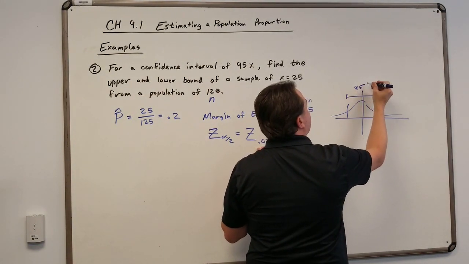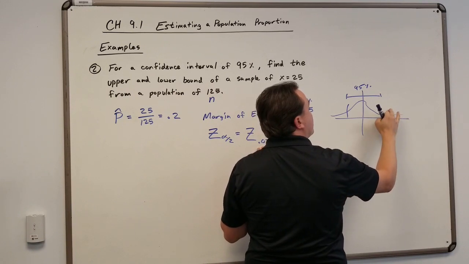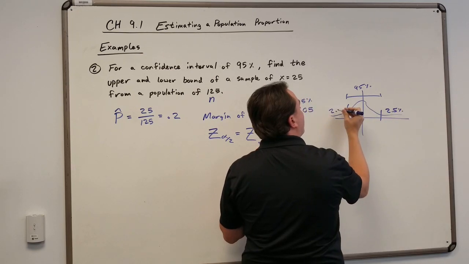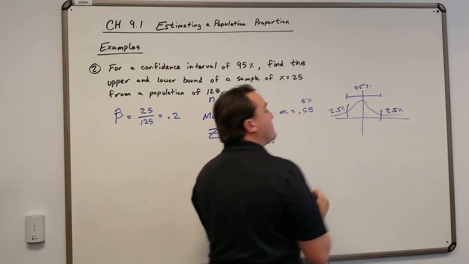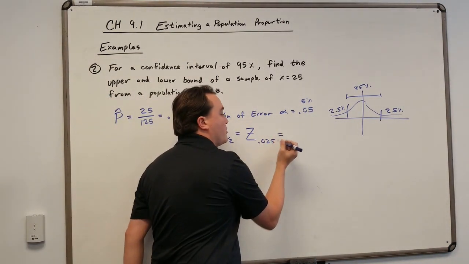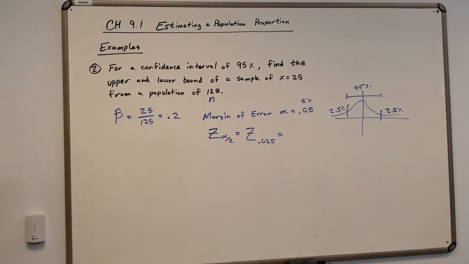And then this is going to be 2.5%. And this is going to be 2.5%. But we only need one of those z-scores, right? So we go to our table, we look for 0.025 and make it positive, okay? So our z-score is going to be 1.96.